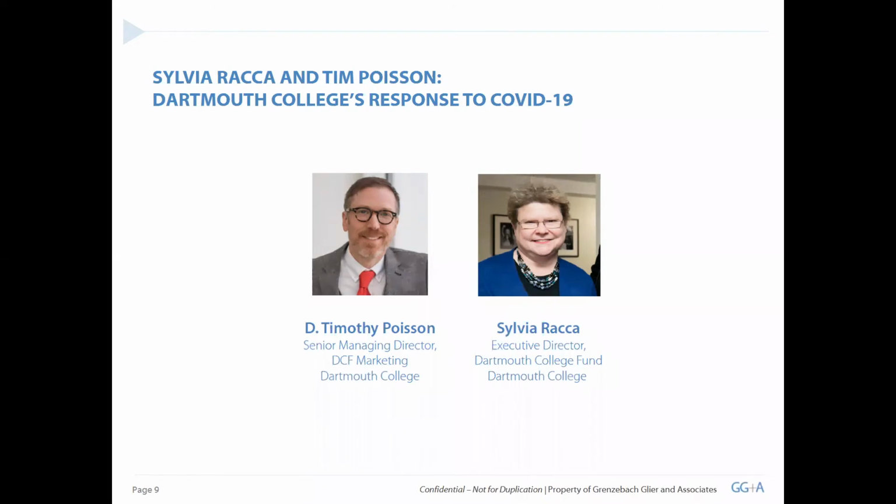So, the Dartmouth College Fund, you've probably all heard of it. It's one of the most well-regarded annual giving programs in higher education. It dates back to 1913, when a group of Dartmouth alumni decided to start something to help refurbish one of the dormitories at Dartmouth that had burnt down, and has since been taken in by the college.